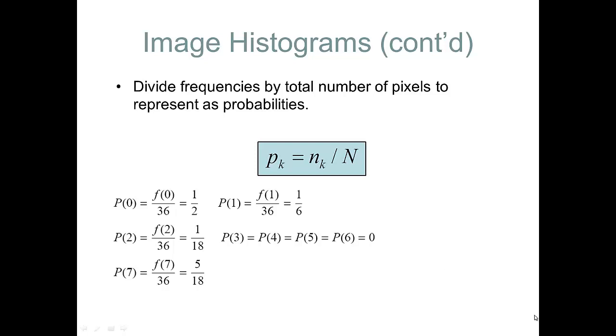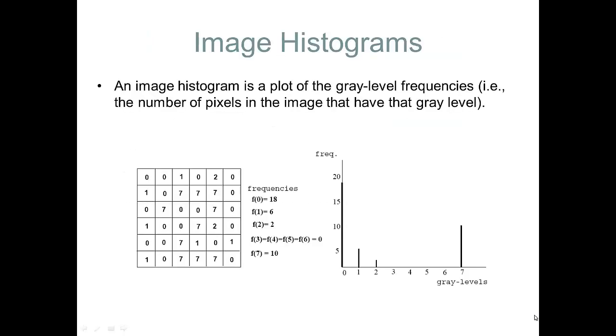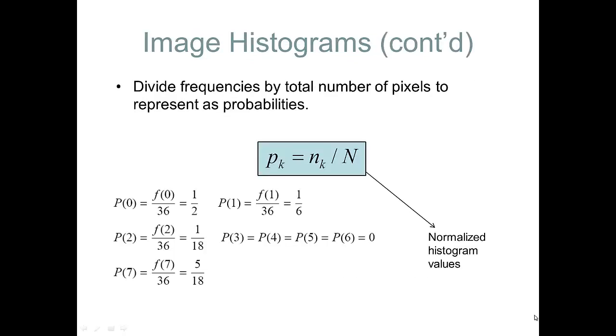It corresponds to the value here, because this is just frequency. We do some normalization, meaning we divide by the total number of pixels, so we call this kind of probabilities normalized histogram values.